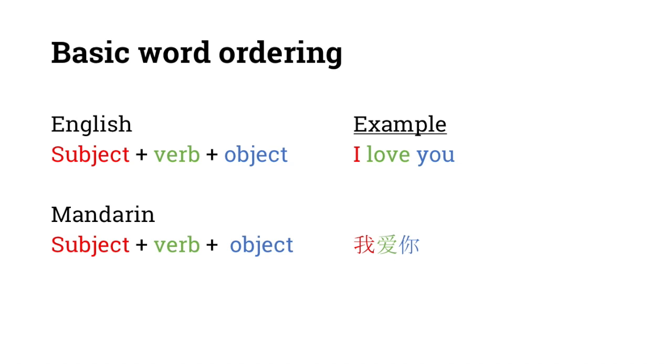In the basic sentence in Mandarin, you have the structure which is exactly like in English: subject, verb, object. I love you. 我爱你. She likes cats. She speaks Mandarin. Easy peasy, you know this. So the differences for the very basic sentences are zip, nothing.